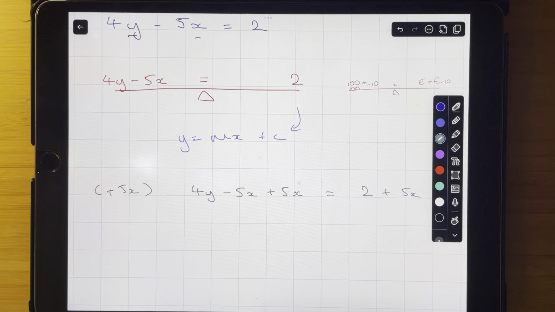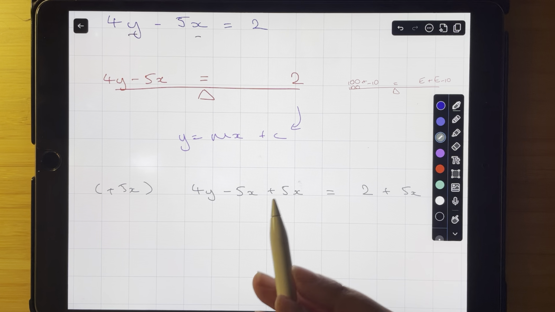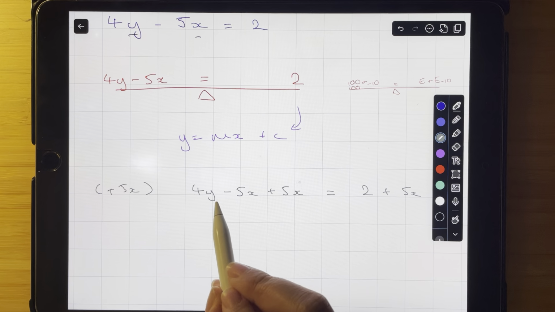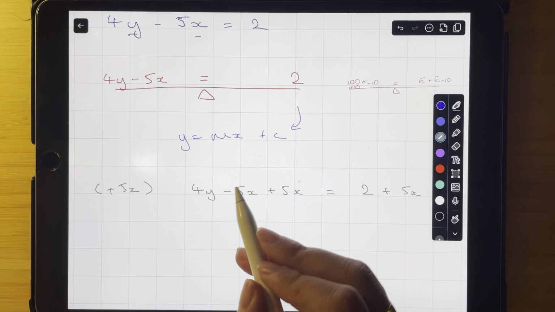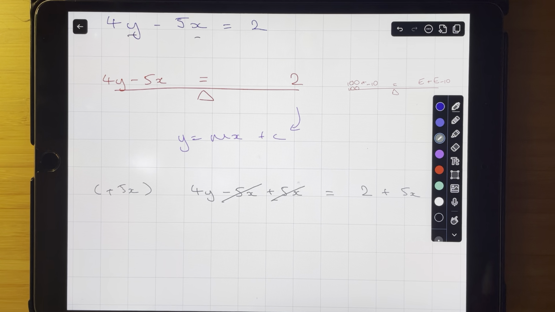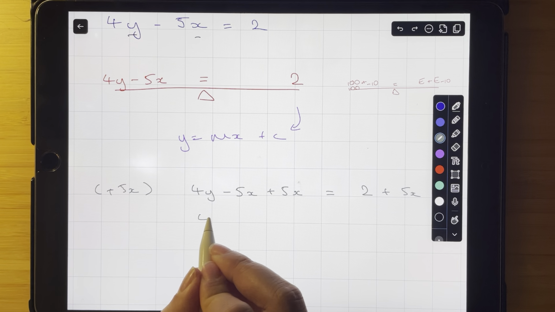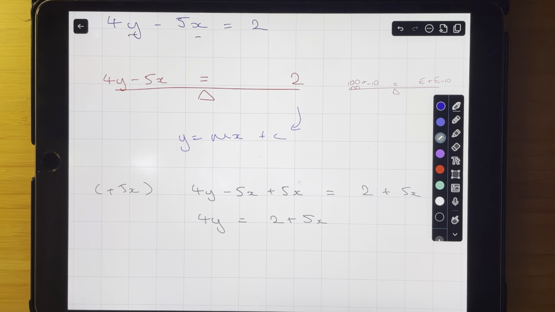Okay. And the reason why I wanted to do this in the brackets is because if you minus anything and then add it back, it cancels out. So that becomes 4y equals 2 plus 5x, right?